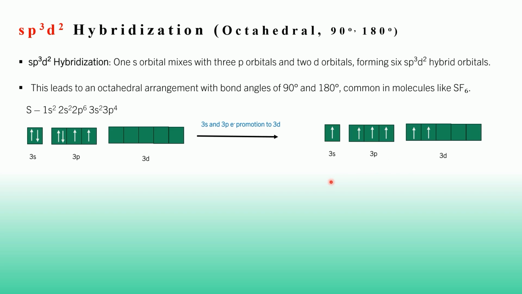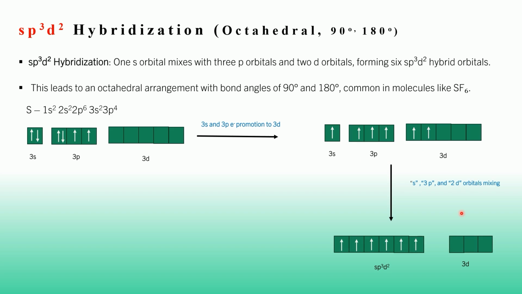Next step, orbital mixing. Here we mix 1 s, 3 p's and 2 d orbitals. So after mixing 6 orbitals, we can make 6 hybridized sp3d2 orbitals and the remaining empty 3d orbitals. These 6 sp3d2 orbitals on the sulfur atom overlap with 2p atomic orbitals of 6 fluorine atoms to make S-F bonds.